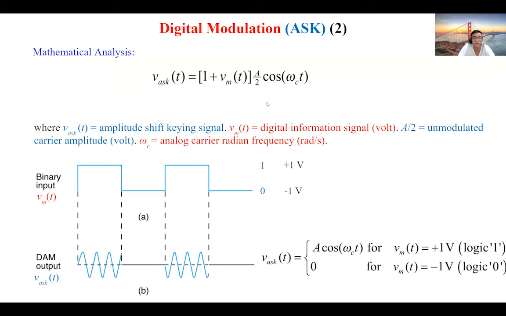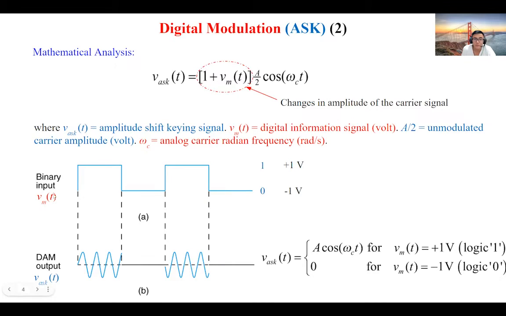So let's talk about the mathematical analysis of amplitude shift keying, that's the ASK. The voltage V_ASK equals (1 + Vm(t)) A/2 cos omega_c t, where V_ASK is the amplitude shift keying signal, Vm(t) is the digital information signal, A/2 is the unmodulated carrier amplitude, and omega_c is the analog carrier radian frequency.